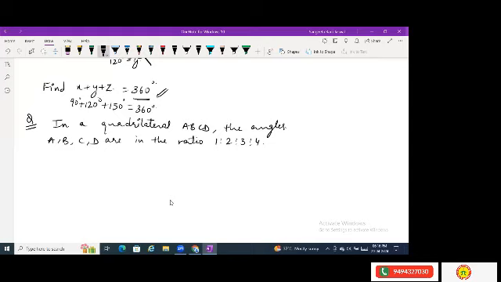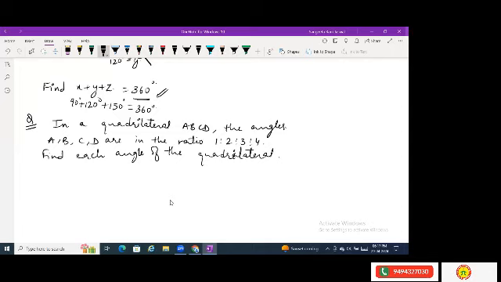Find the measure of each angle of the quadrilateral. So all the four angles are given in ratio form. We'll do it, ma'am. So find each angle of the quadrilateral.